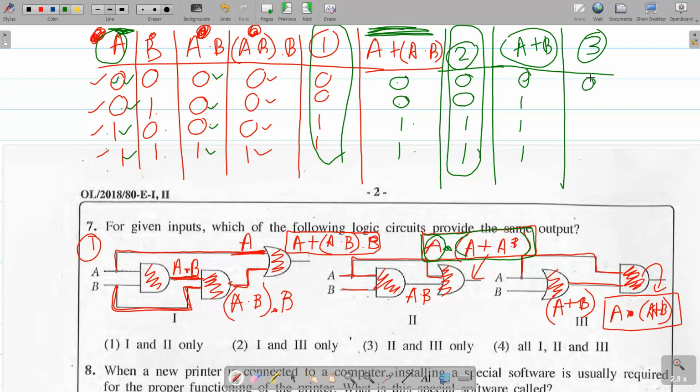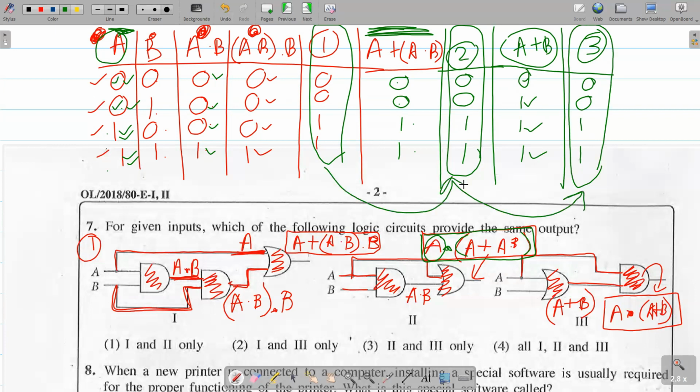Not the plus, people, it's dot. 0 dot 0, it is 0 still. 0 dot 1, 0. 1 dot 1 is 1. 1 dot 1, it is 1. So of course, third one is also identical. These three are identical. So everything goes together.